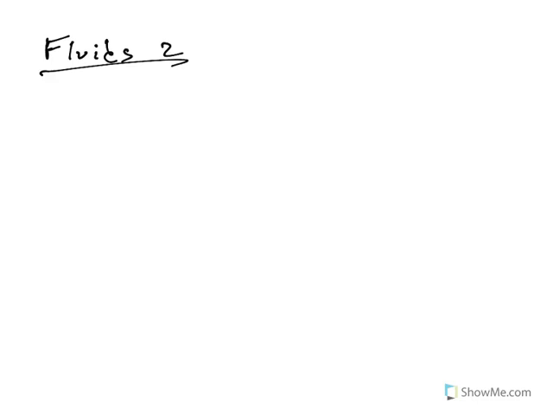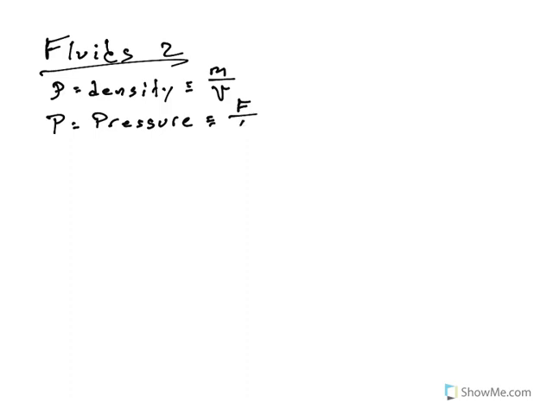All right, let's continue talking about fluids. Last time we discussed density, and the equation for density was mass divided by volume. Pressure, we found, was the force applied to an object over the area over which the force is applied.